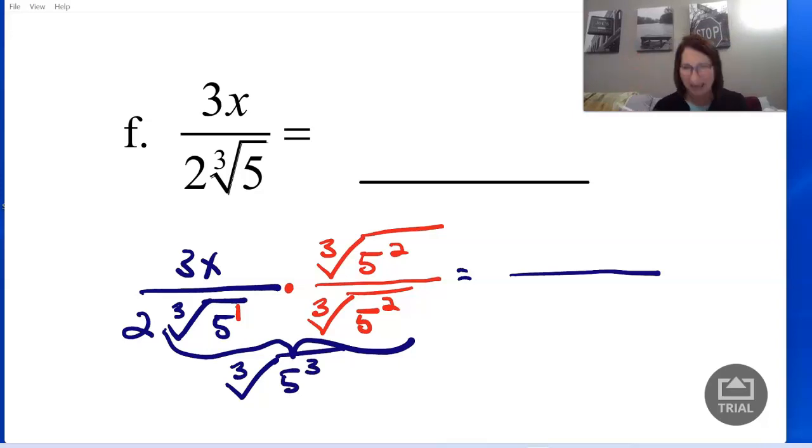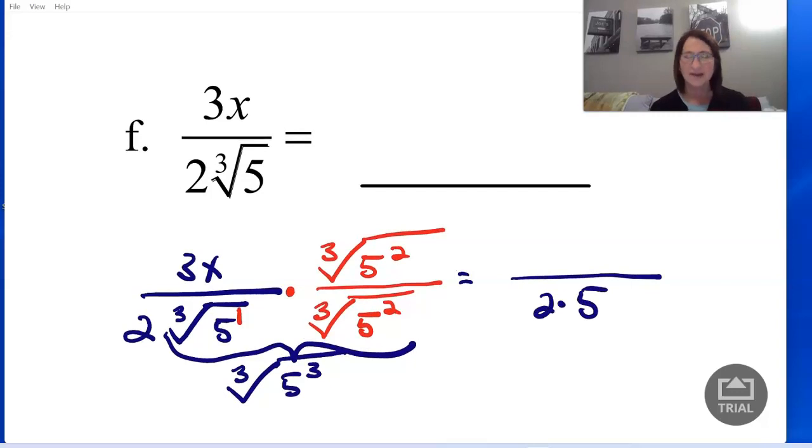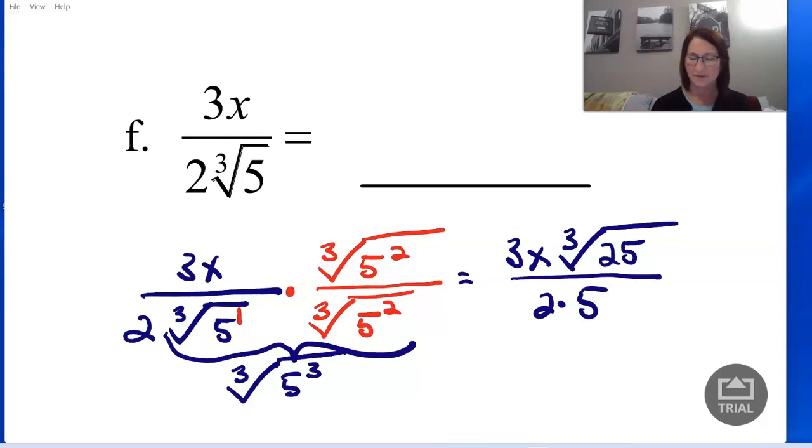So then I can take out a 5, so I've got 2 times 5 in the bottom. In my numerator, I've got 3x times the cube root of 5 squared, which is 25. Only thing I don't like is in the denominator, those factors, 2 times 5. I'm just going to change that to 10. I'm good. I'm done.